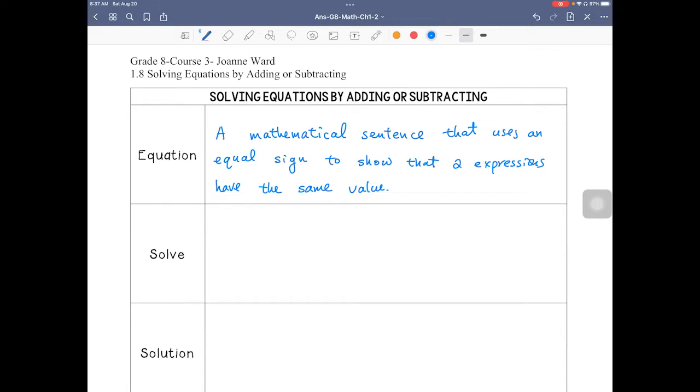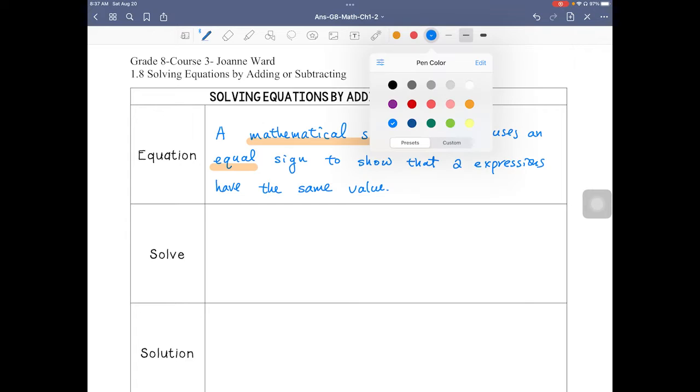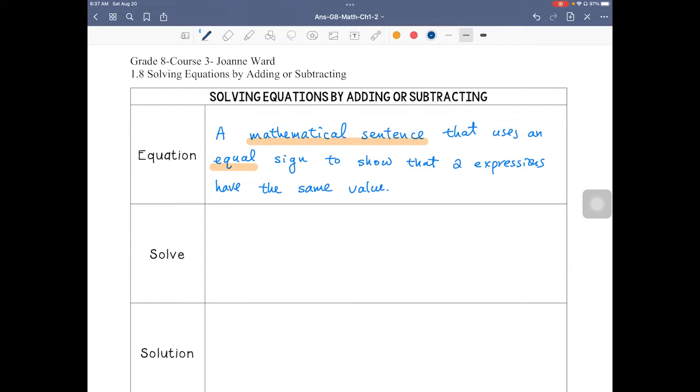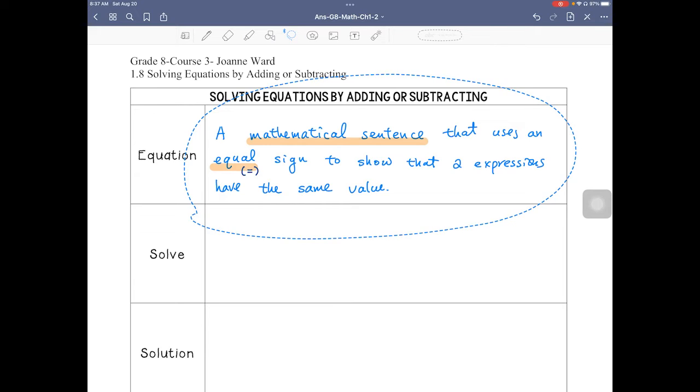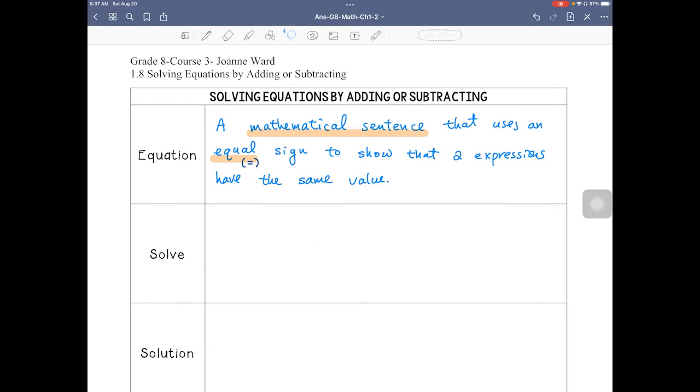Previously we talked about algebraic expressions and numerical expressions. So all equations have an equal sign, and it shows that two expressions actually have the same value. That is the definition of an equation.